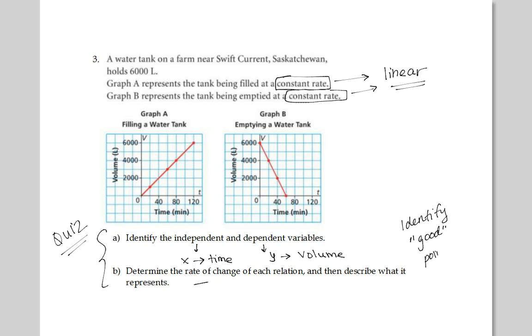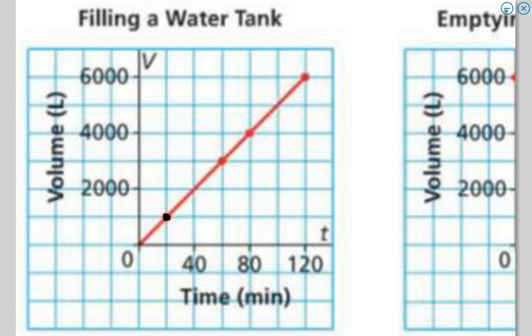Identify good points. So what do I mean by that? Look at these ones. See these dots? Are those good points? Yes, they are. Connect those dots with an over and an up. We call that one delta x, and we call that one delta y.